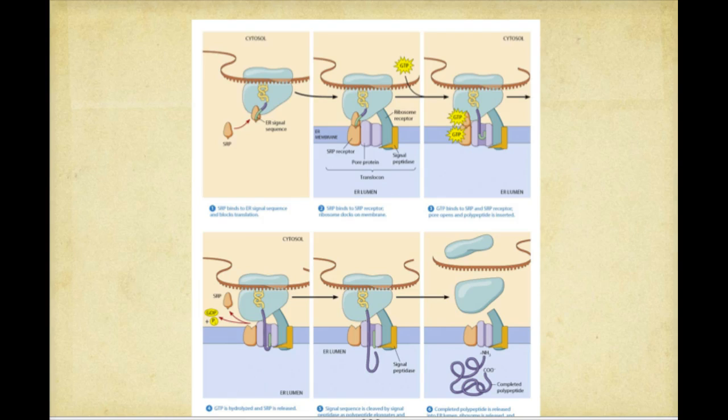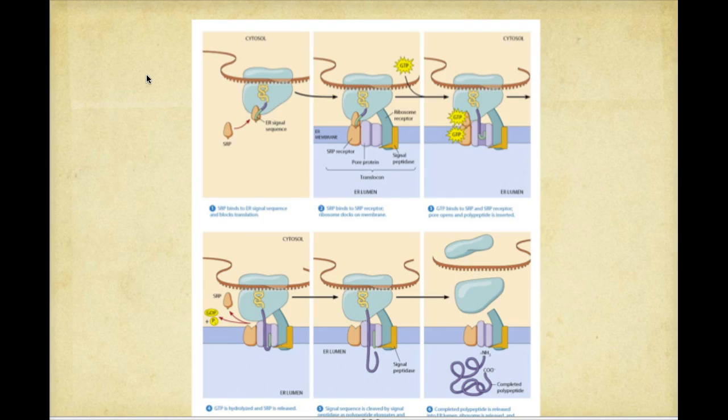So let's take a look at how the cell first begins this process of co-translational import. In the upper left-hand corner of this diagram, the light blue structure represents the ribosome, the brown ribbon represents the mRNA, and then you can see this little brown tannish molecule labeled SRP.